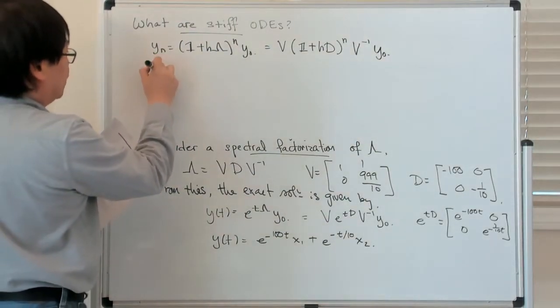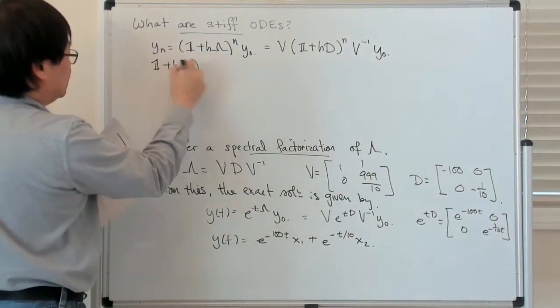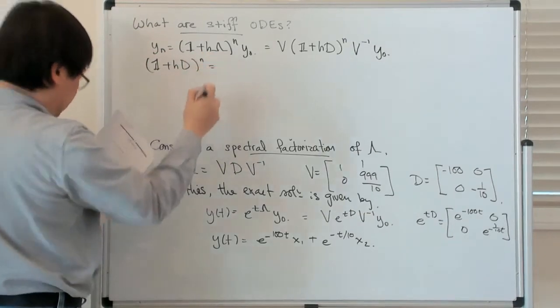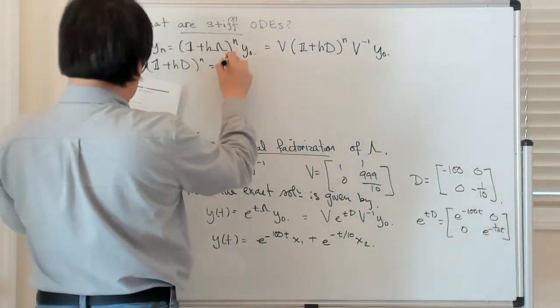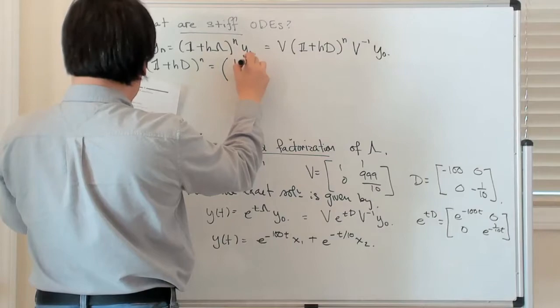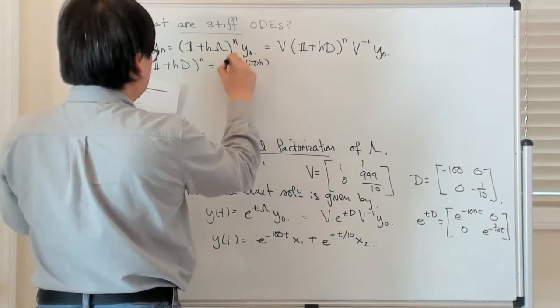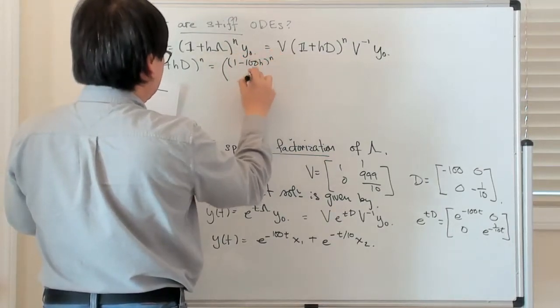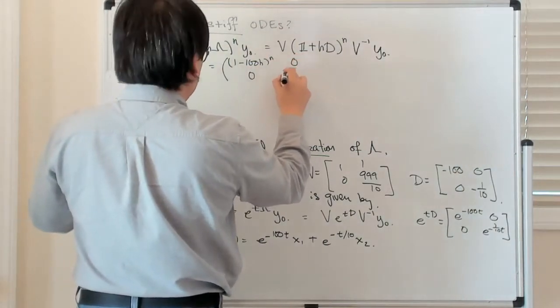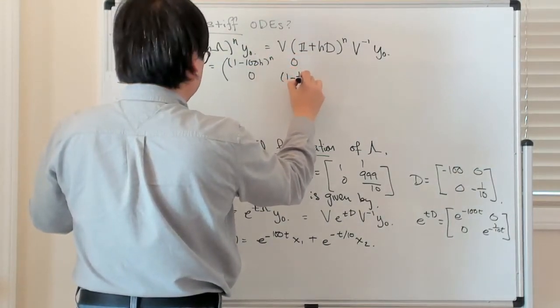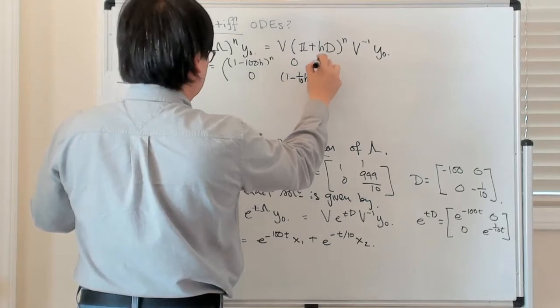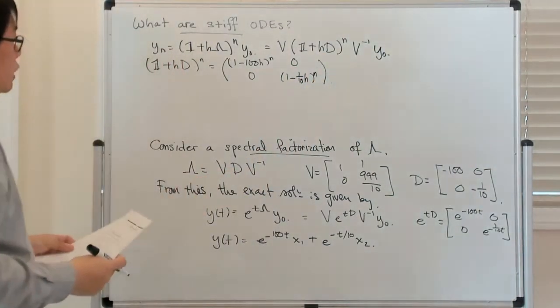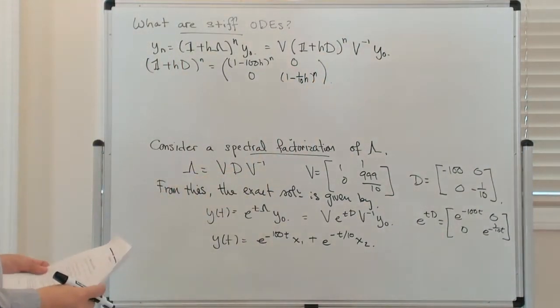Of course, 1 plus hD to the nth power isn't so difficult to compute, right? It looks like 1 minus 100h to the nth power, 0, 0, and 1 minus 1/10 h to the nth power. Now you're starting to see what potentially the problem is.